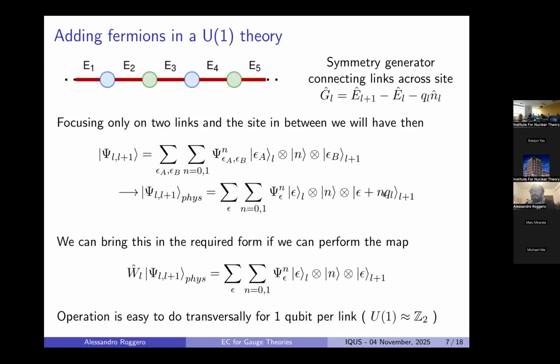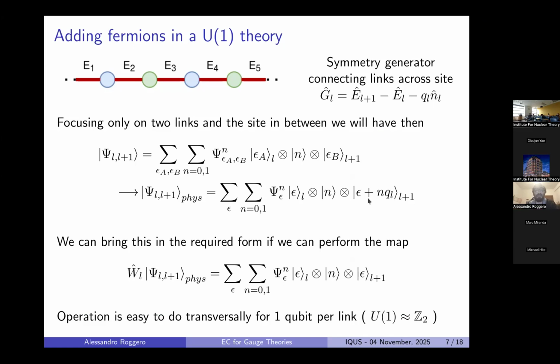This is not quite a copy, as we had before, but it's reasonably easy, at least for Z2, to perform a unitary operation on top of this state and turn it into a copy.